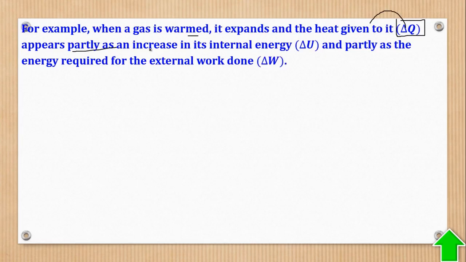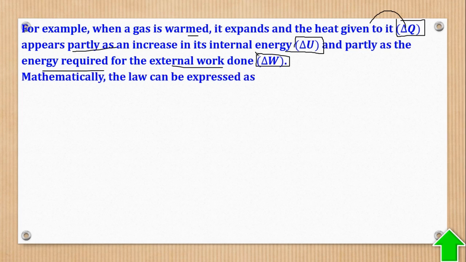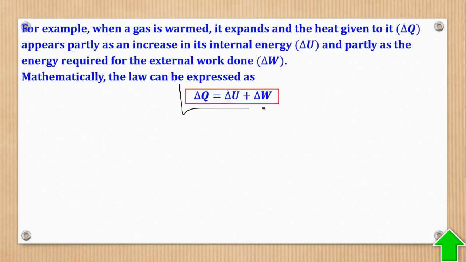It appears partly as an increase in its internal energy, delta U, and partly as the energy required for the external work done, delta W. Therefore, mathematically, delta Q is equal to delta U plus delta W. So heat given out is equal to the change in internal energy plus external work done. This is our interest in the calculations.